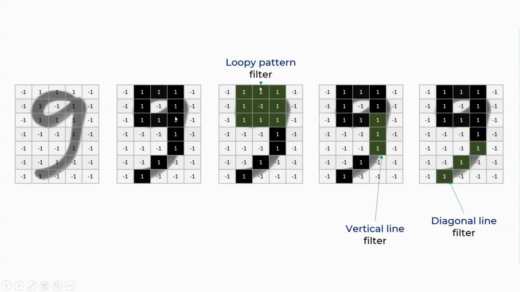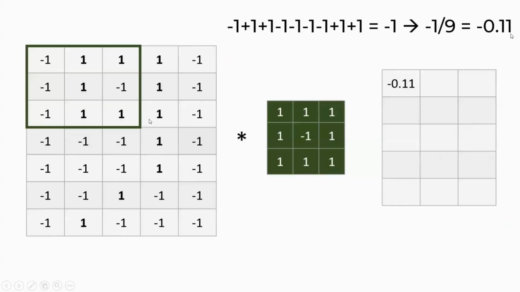So there we form a loopy. The first part, the circle, we take as a loopy pattern, another we take as a vertical line, and another as a diagonal. So the number will trigger, and this is how it identifies that it is 9. First we calculate the matrix here, like -1 +1 +1 -1, and we get a small amount like 0, -1, minus 0.11, like that.